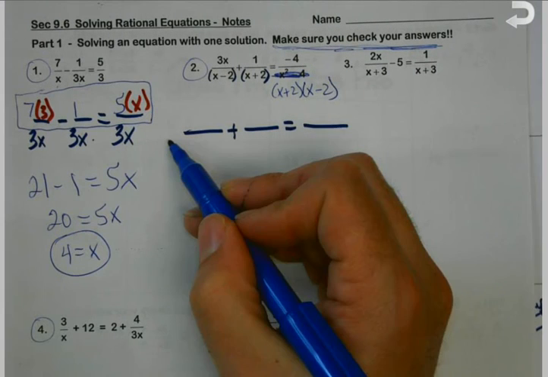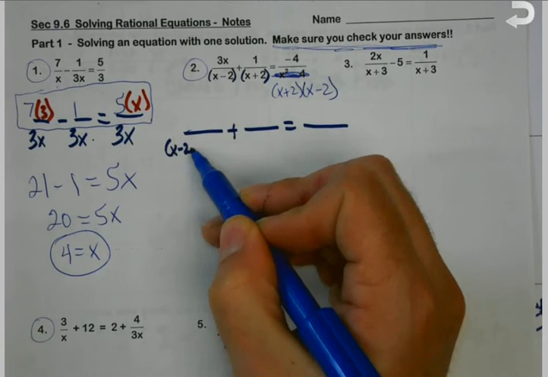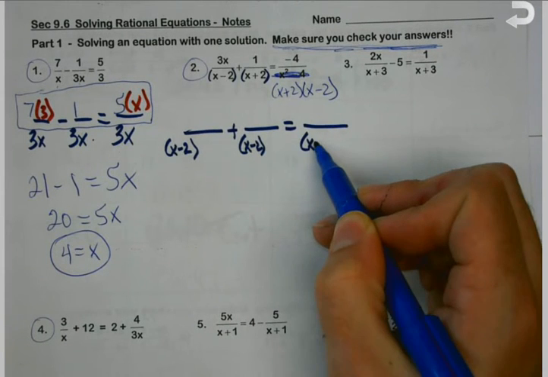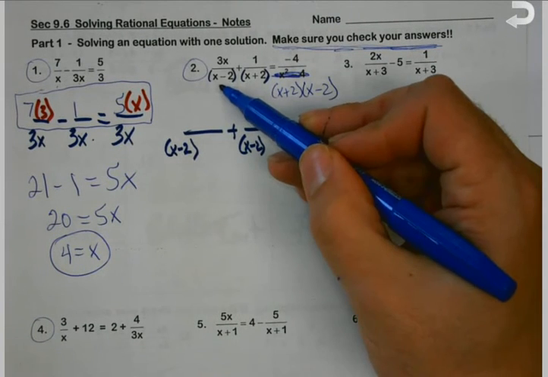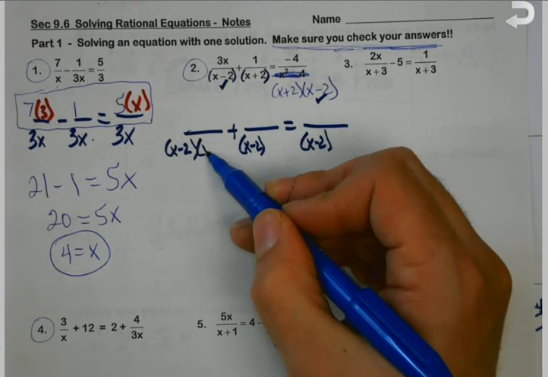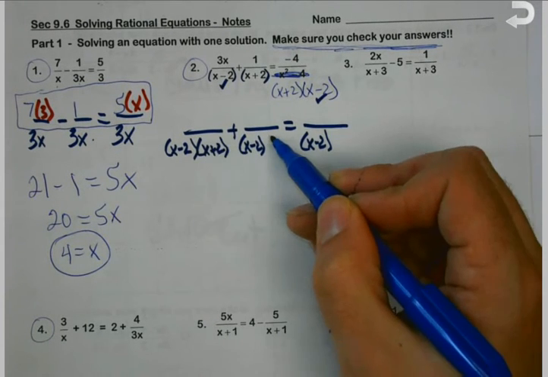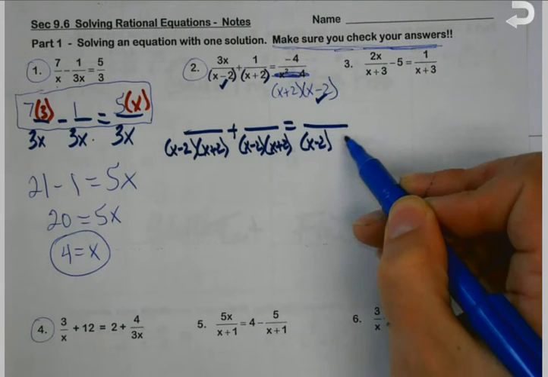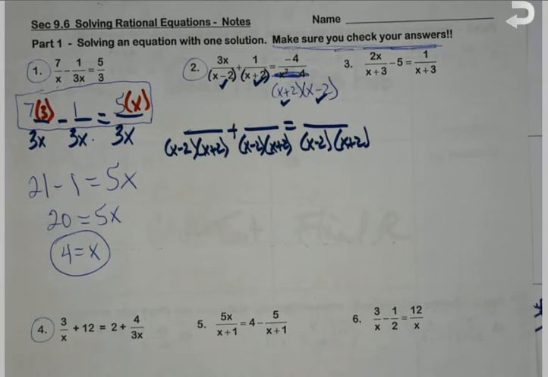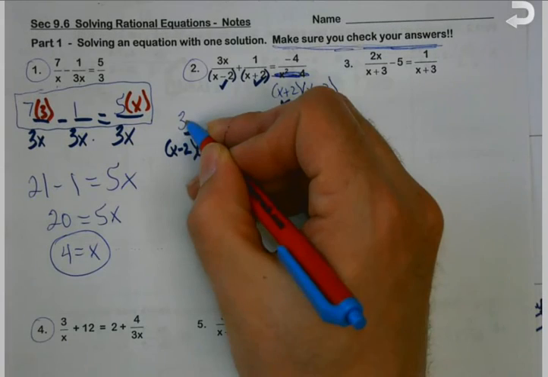So every unique set of parentheses, every unique quantity that we see, so the x plus x minus 2, and again I only need to use it once, the x plus 2, so that's going to be included, everything that we already had in the numerator.